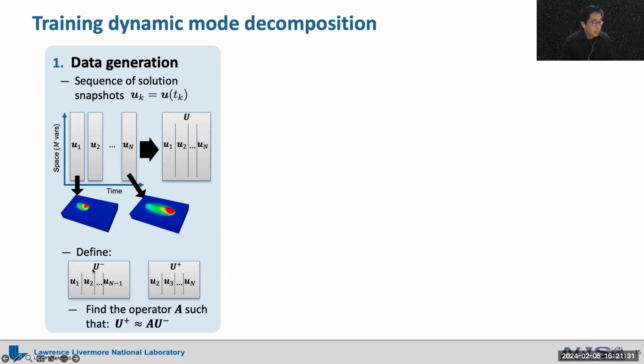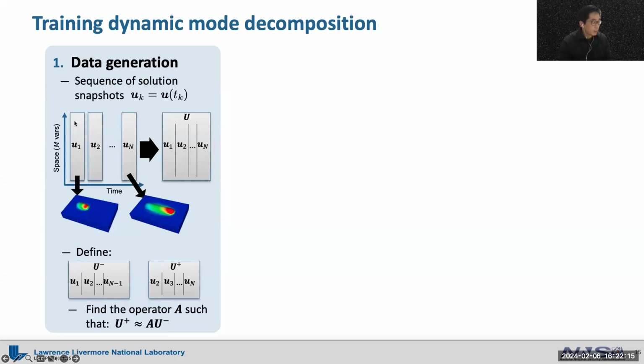Arrange that so that U minus is the matrix from the first time step solution to the second to last time step solution, and U plus is from the second time step solution to the last time step solution. You try to find the linear operator A which maps U minus to U plus, basically mapping the previous time step to the next time step. If you take the pseudo inverse of U minus, you can find an analytical form of the A operator. But if you do that, then you are relying on the full order model scales, right?